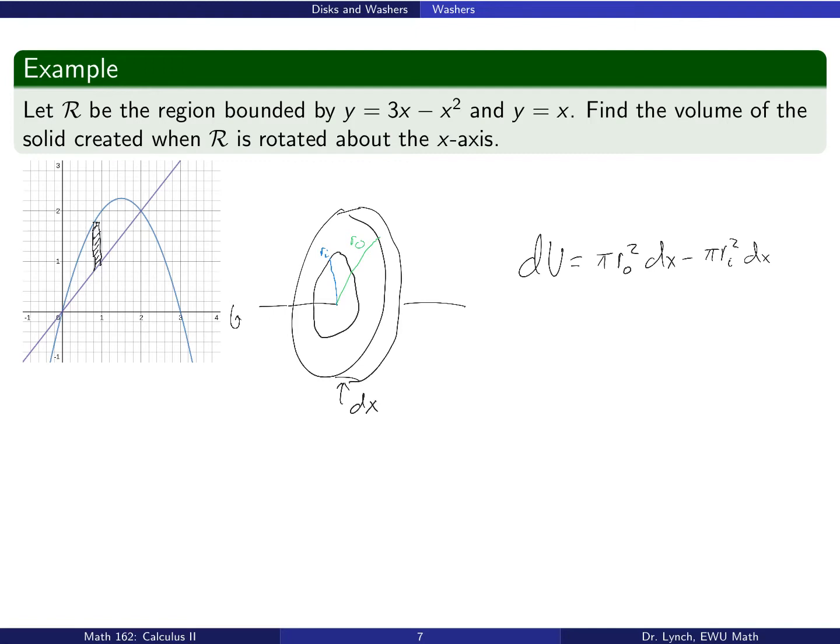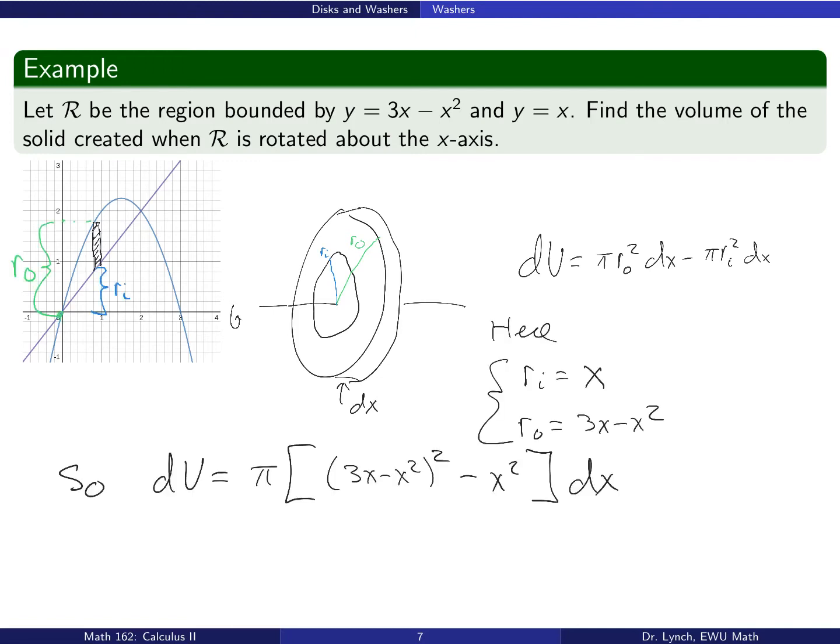The outer radius is given by the distance from the x-axis to the parabola. Substituting those in, we can get an expression for our bit of volume dV. In this case, the inner radius is x, the outer radius is 3x minus x squared. So the bit of volume dV, factoring out the pi, is pi times the quantity 3x minus x squared, all squared, minus x squared, dx.